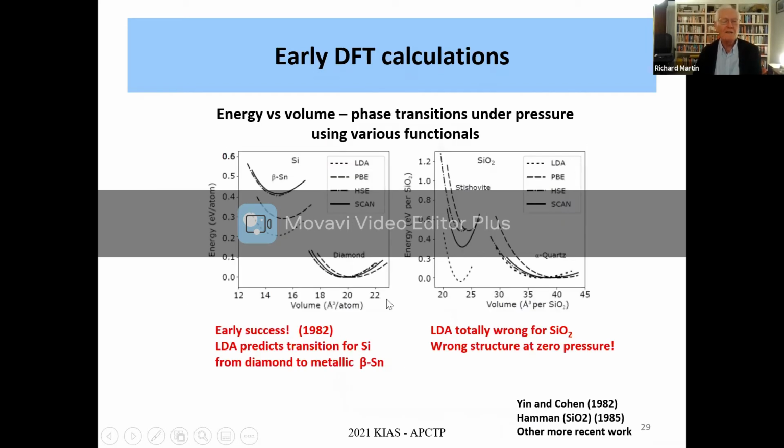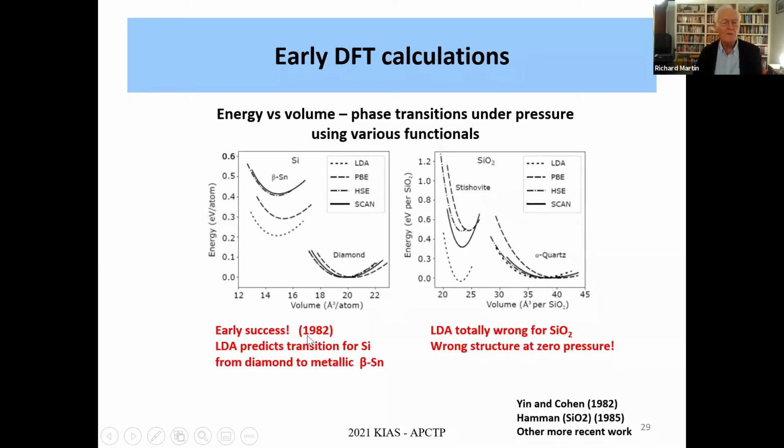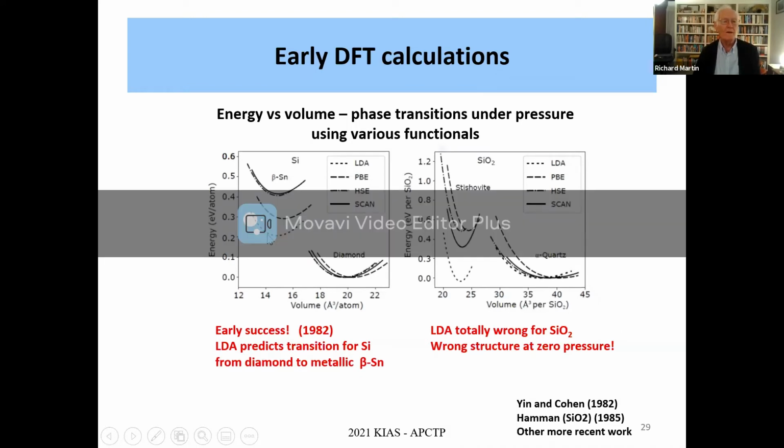Another calculation that had a huge effect was in 1982, when Yin and Cohen calculated the energies of silicon in the diamond structure and in metallic structures, where the equilibrium constant is where they're dense structures.